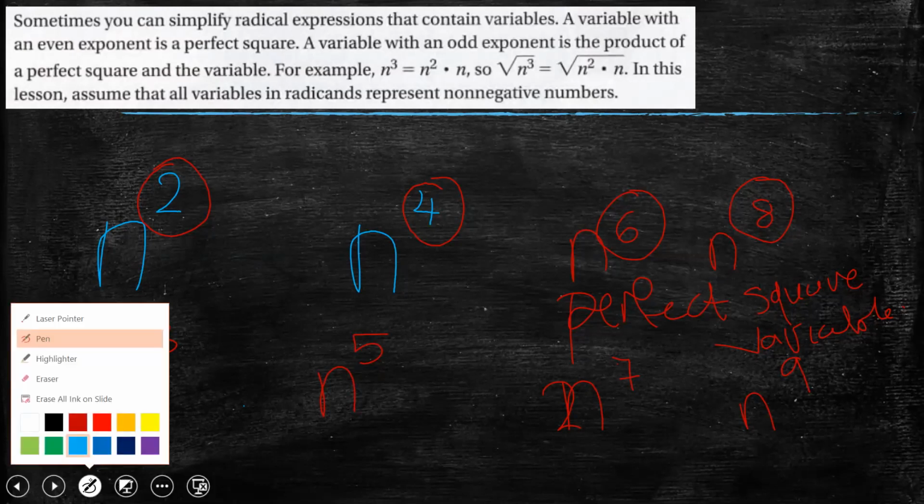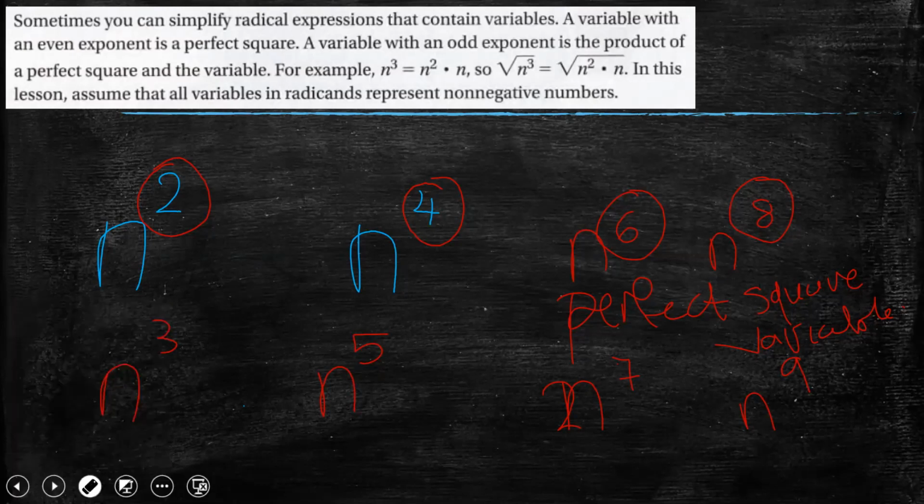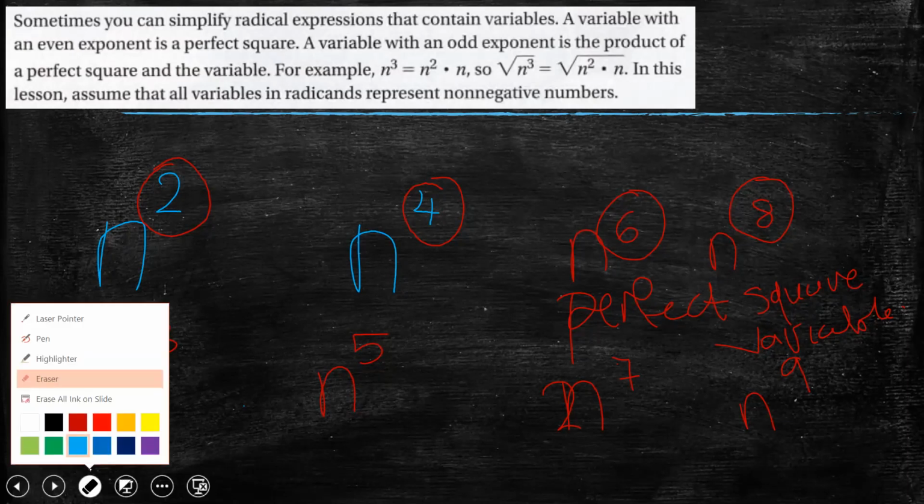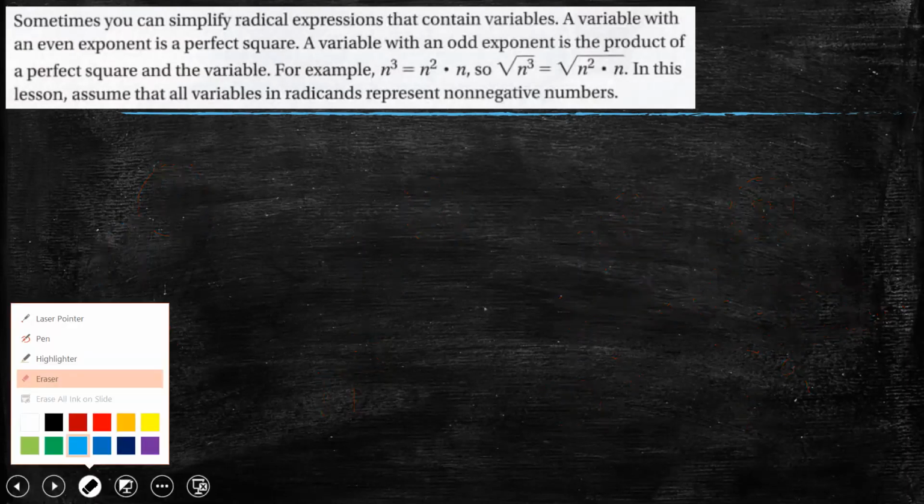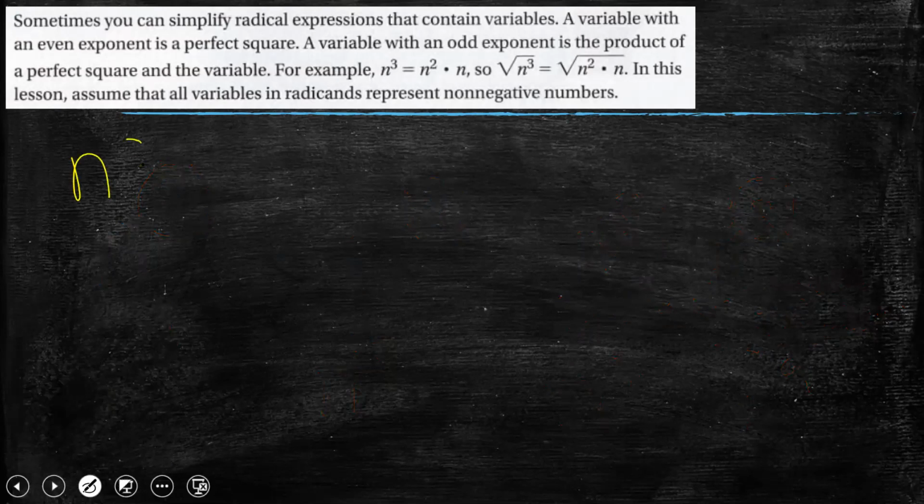Look at n cubed here. I told you that these are n raised to an even number. This is not a perfect square. What I have to do, I will write it as a product of.